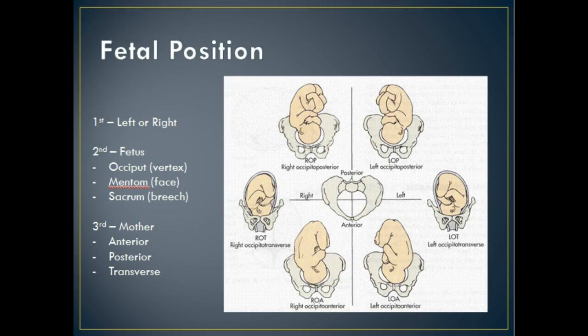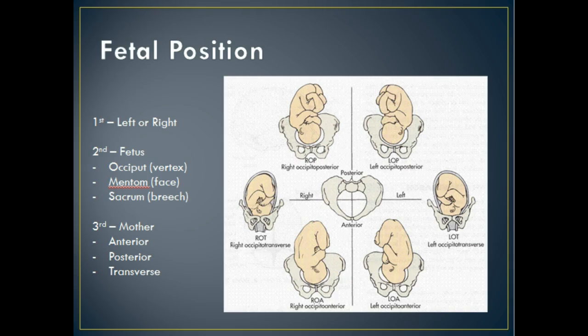So we can actually feel baby's head to determine their position when moms are in labor. So if the cervix is open enough, then basically we're feeling baby's fontanelles and suture lines to determine what position the head is in.